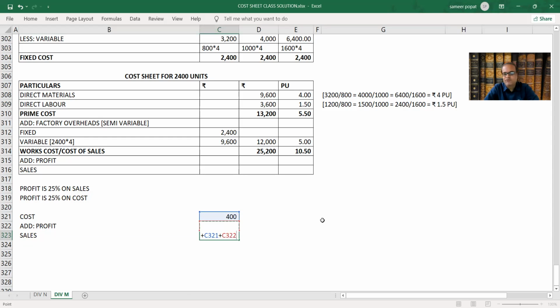So it should be 500. Suppose if I try to find profit percentage on cost, it would be profit divided by cost into 100. So profit is 100 rupees, cost is 400 rupees, into 100 for percentage. Is it 25?